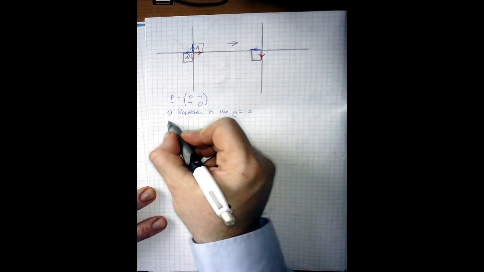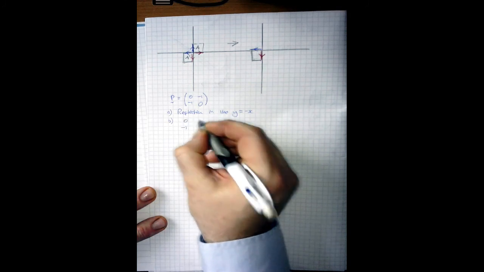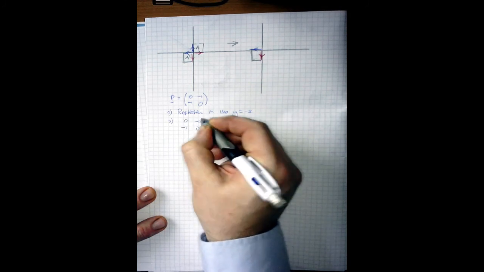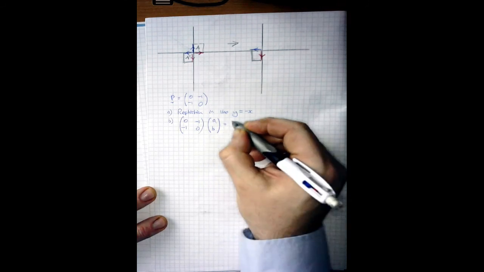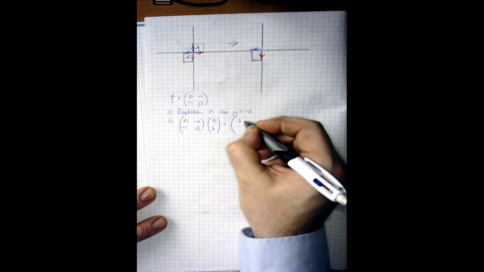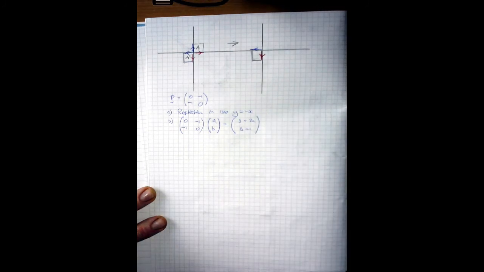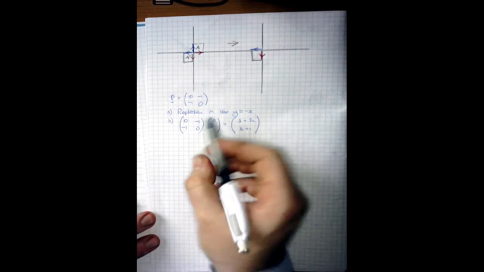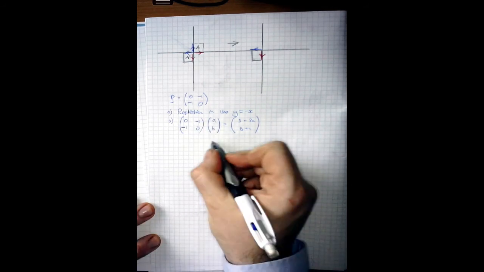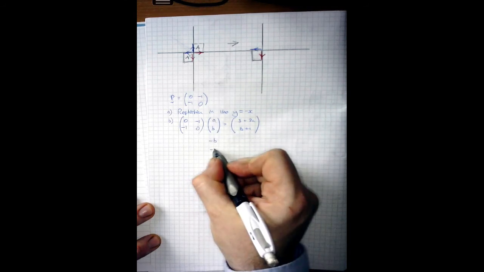For B, I know that 0, -1, -1, 0 maps A, B onto 3 plus 2A, B plus 1. So of course if I multiply this matrix out, I get 0 times A minus 1 times B, so minus B on top, minus 1 times A, 0 times B, so minus A at the bottom.